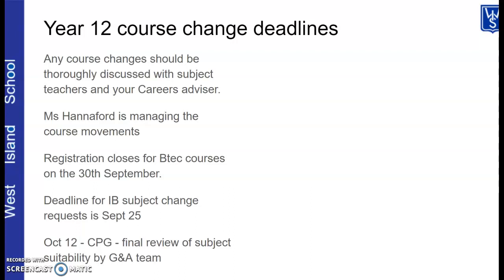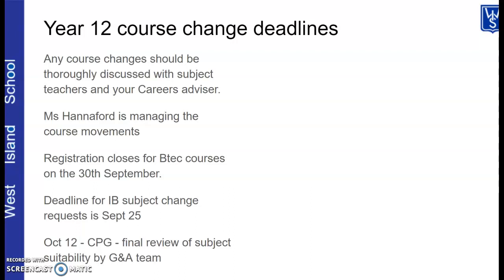Miss Hannaford, the head of year, is managing the course movements at the moment, so everything needs to go through her. And one thing to bear in mind is that registration for the BTEC courses closes at the end of September. So it's really important that we get all of our students that want to do the BTEC pathway onto that pathway by the end of September. Otherwise, it's going to be too late.